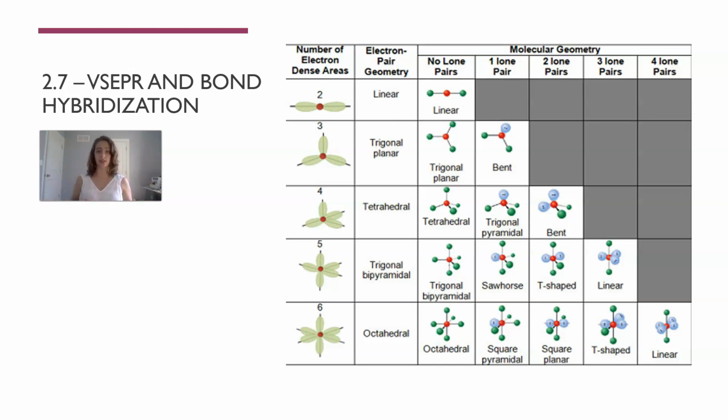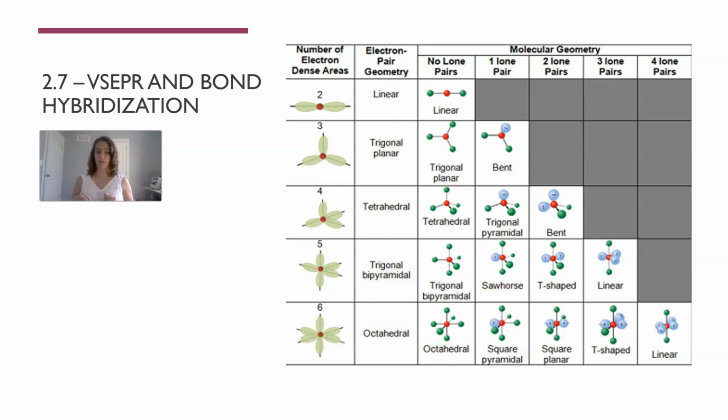If there's 3 things, it's going to be trigonal planar if it's 3 atoms, and bent if it's 2 atoms and 1 lone pair of electrons. So we use 2 different names. Tetrahedral is if there's a central atom with 4 things, so a central atom and 4 atoms connected.